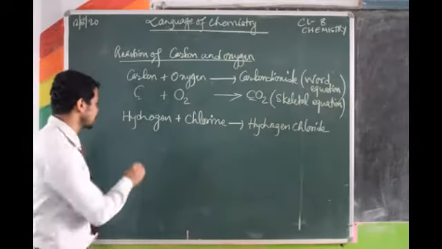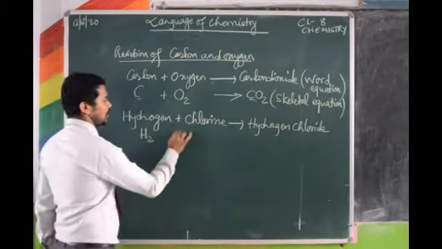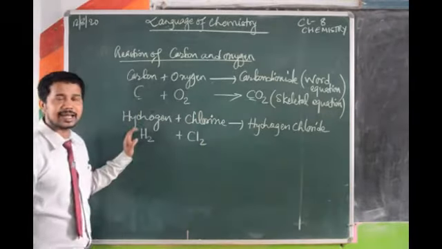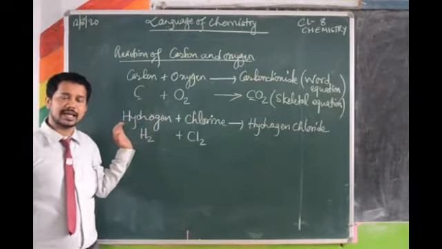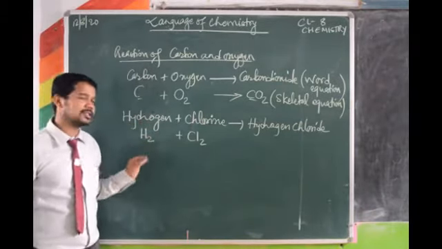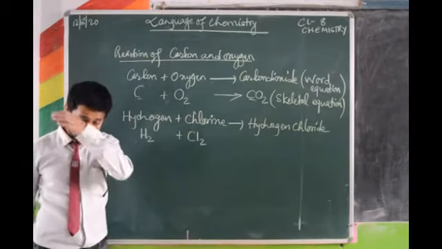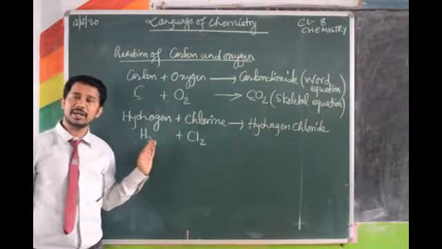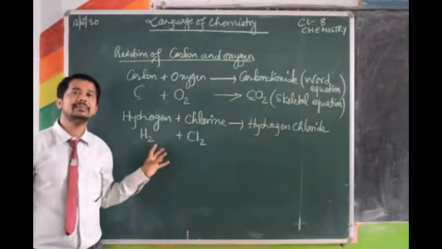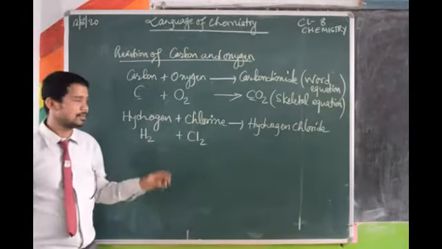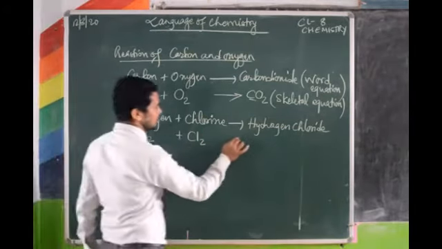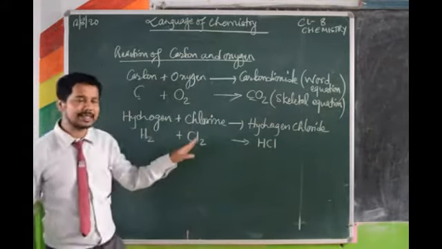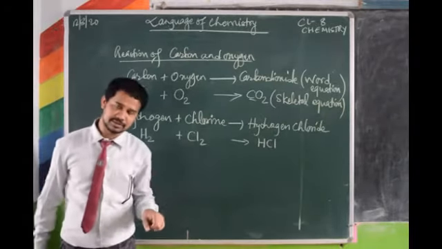So the molecule of hydrogen is H2 plus the molecule of chlorine is Cl2, because these are diatomic elements, that means their molecule has 2 atoms. Whenever we write a chemical equation, we have to express elements in molecular form. So H2 plus Cl2 gives HCl.